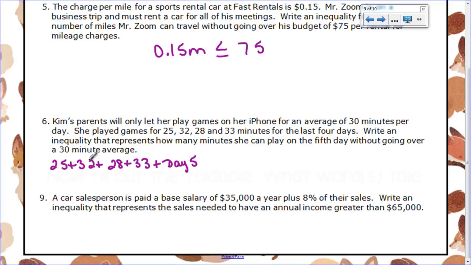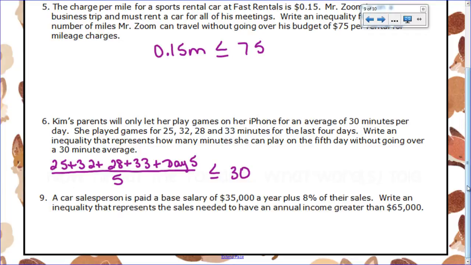So I have 1, 2, 3, 4, 5 things being added, so to find my average, it would have to be divided by 5. And I don't want to go over. Just like up here, I didn't want to go over my budget. Here, I don't want to go over my limit, which is 30 minutes. And so I have to be less than or equal to 30. Now to simplify this, I would add these numbers up together and simplify what I had. But this is a perfectly acceptable inequality that would represent how long she can play.